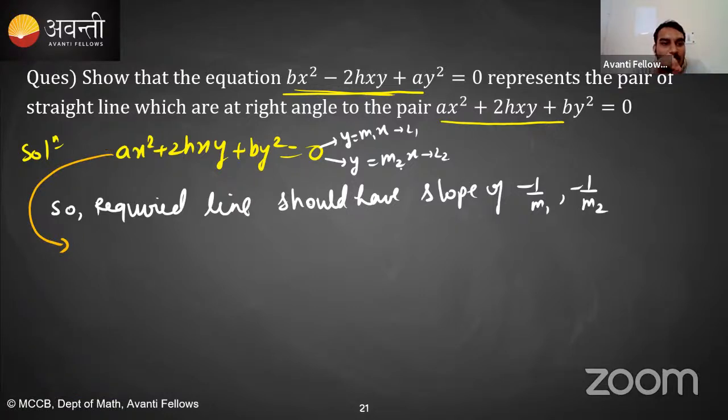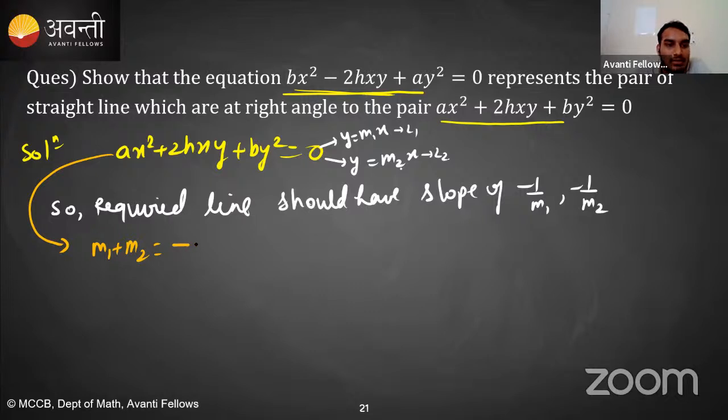This equation is ax square plus 2hxy plus by square equal to 0, again representing two lines, one with slope m1 and another with slope m2. Quickly tell me what is the sum of slopes? Remember in the last class I told you that just by seeing the combined equation we can comment on the sum of slopes. What is the sum of slopes?